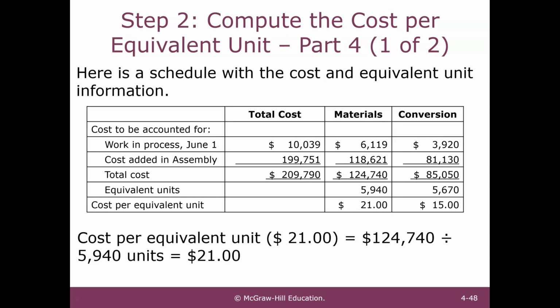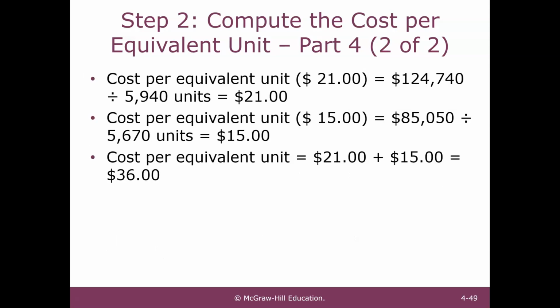Take the total cost for materials of $124,740 and divide it by the equivalent units of 59.40, and you get $21 per equivalent unit. Then do the same thing for conversion.